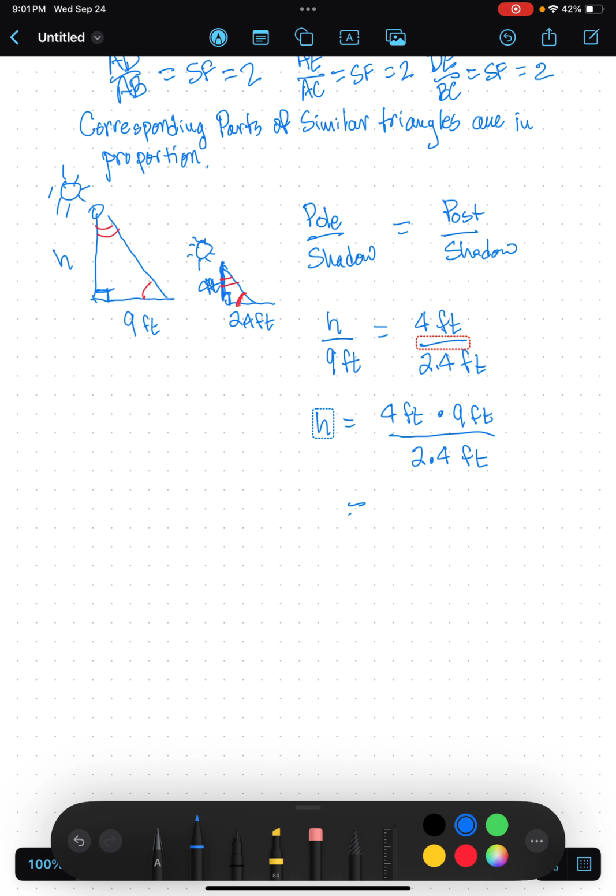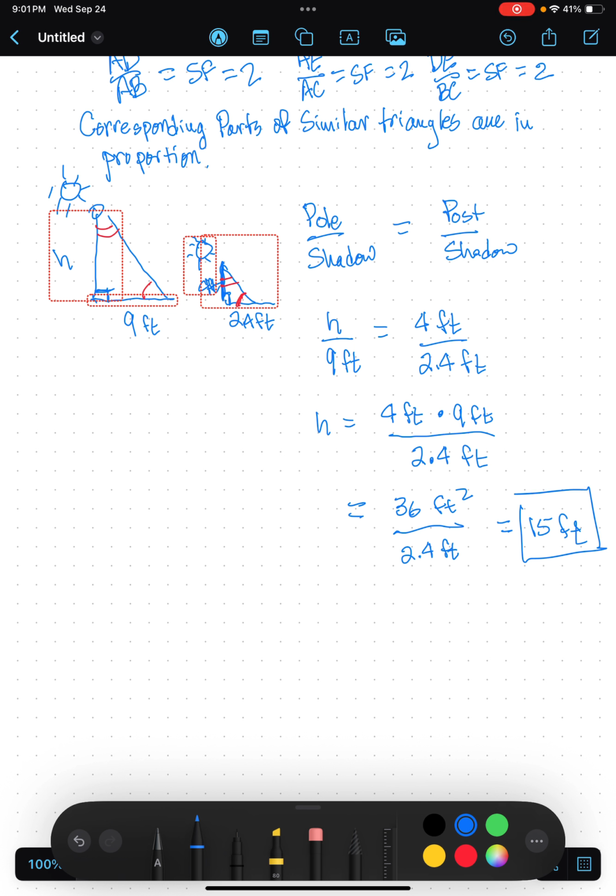And then we would also say that that is 36 feet squared divided by 2.4 feet, which is 15 feet. So 15 feet. Right there would be the height of the flagpole.